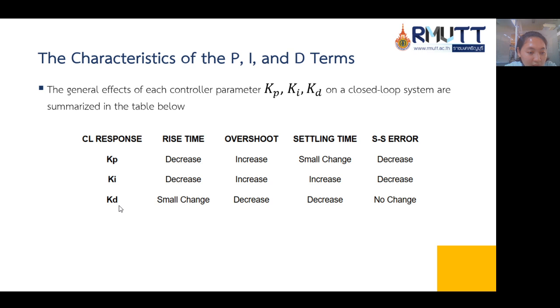Increasing the derivative gain, the rise time has a small change, overshoot will decrease, settling time will decrease, and steady state error has no change.